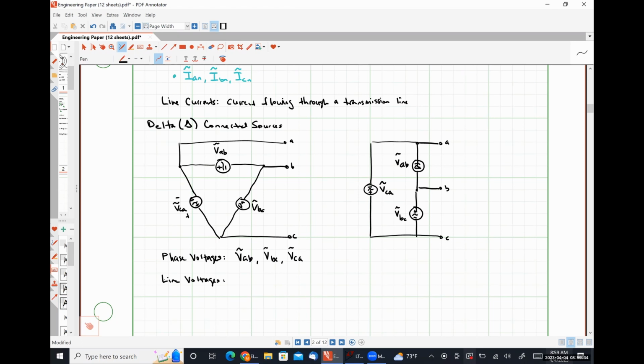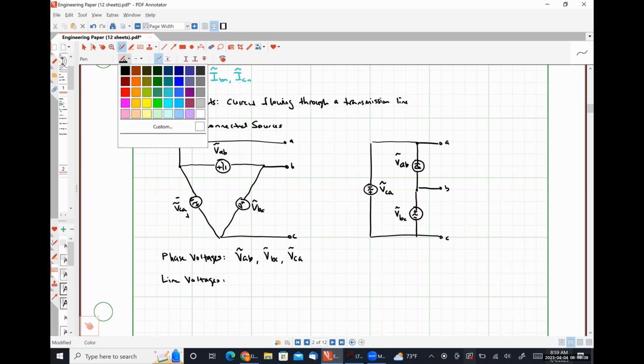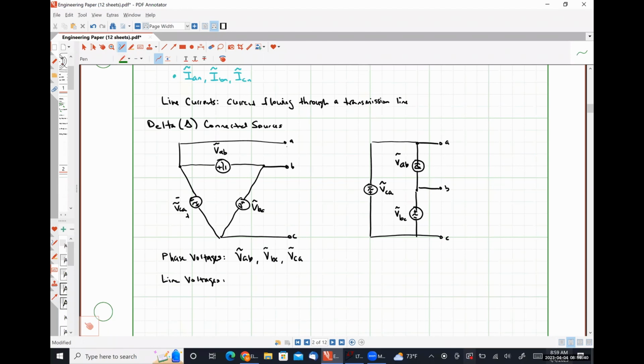If I connected a multimeter between the A terminal, I think I used green, and the B terminal of my transmission line system, I would measure a voltage, right? What voltage would that be? VAB. So what do you think the other two line voltages are going to be?